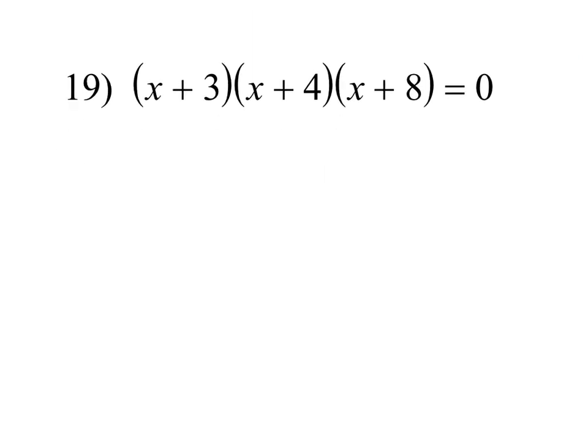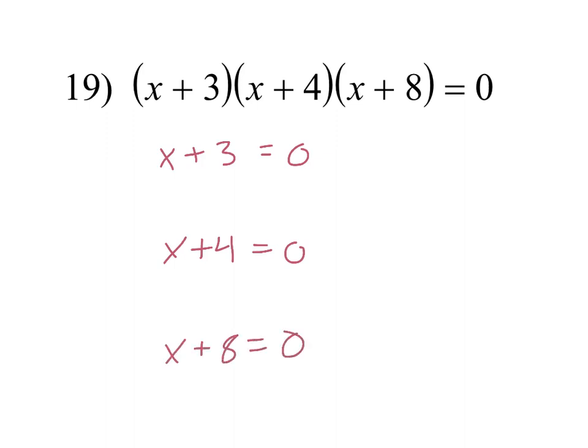What do we do here? X plus 3 equals 0, x plus 4 equals 0, x plus 8 equals 0. Perfect. So what do we get for x?